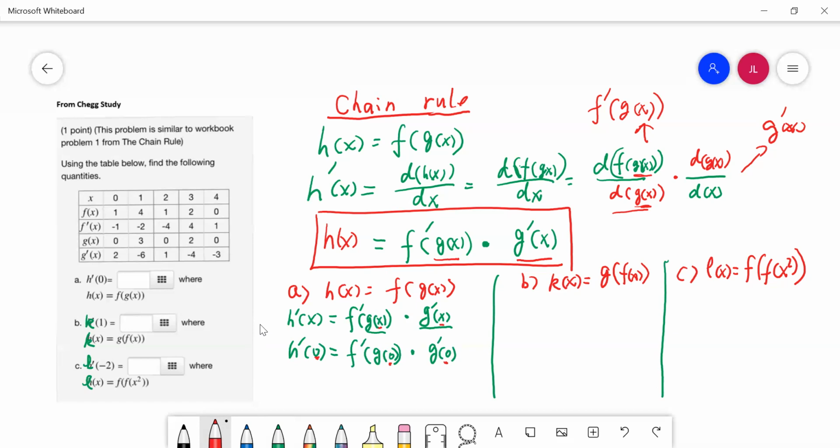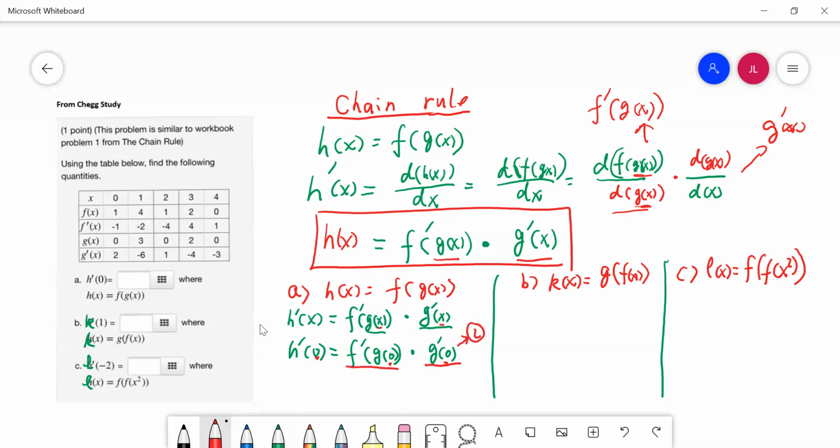Now it's time for us to look at the table. This is g derivative at 0. So we're going to find the g derivative when x equal to 0, and that will be 2. So this is 2.